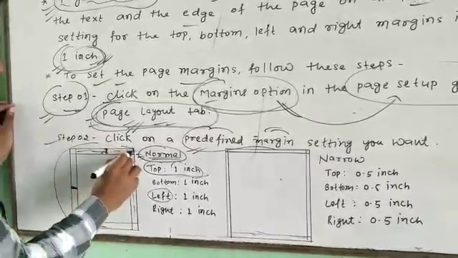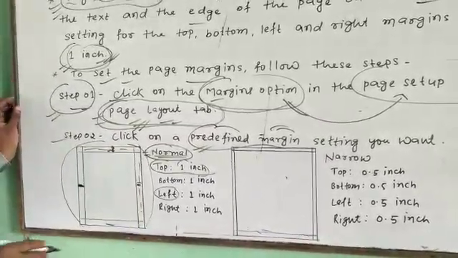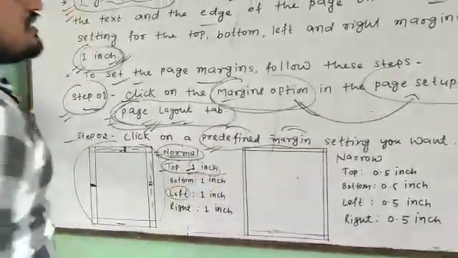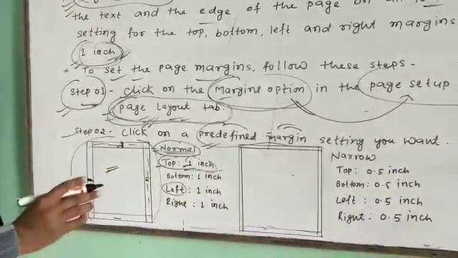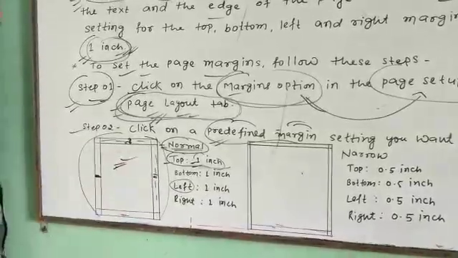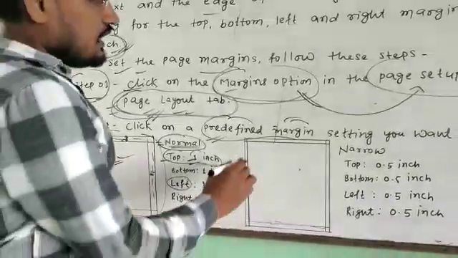All sides of this page have a margin of 1 inch. This is the default setting of page margin in MS Word 2013.